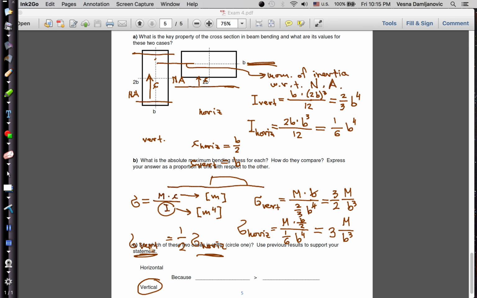This guy is half the horizontal, so the vertical is smaller than horizontal, but I've here put the sign bigger. So all you have to do is say horizontal is bigger than vertical. Okay, that's it. Solved.